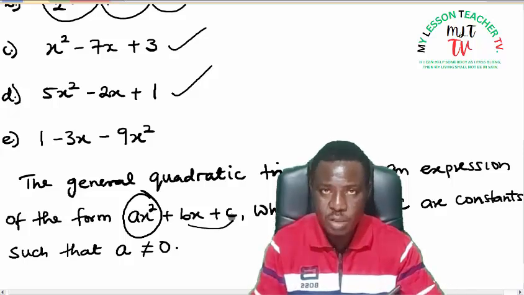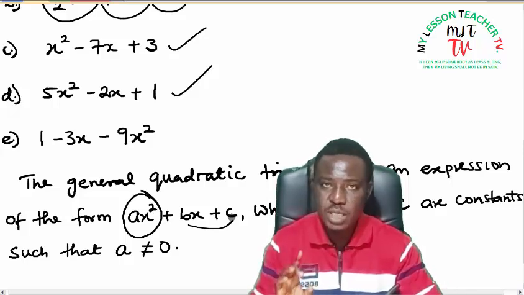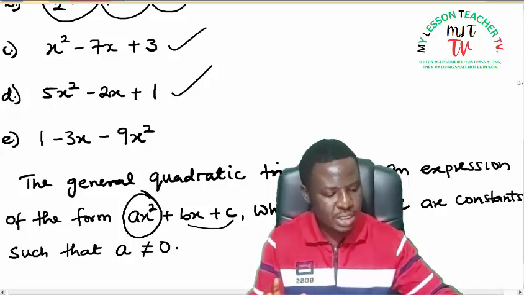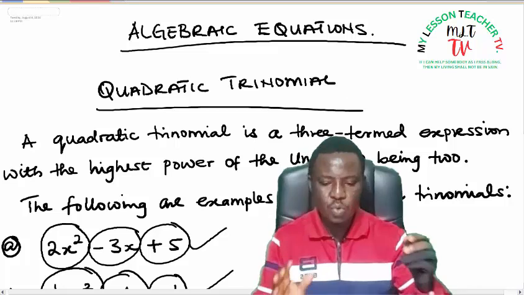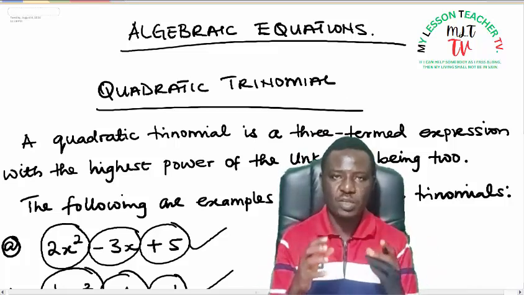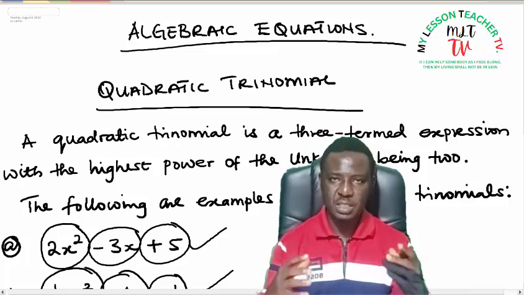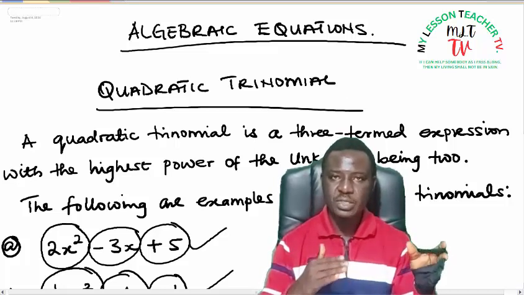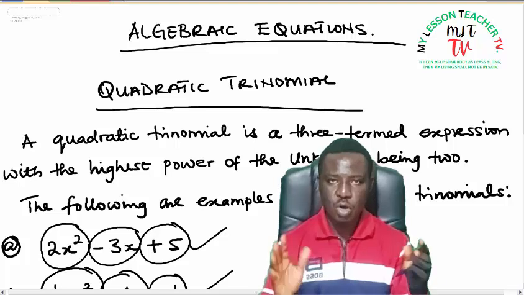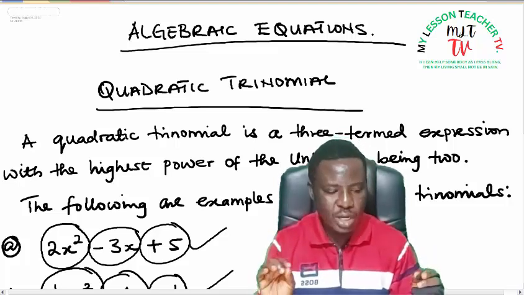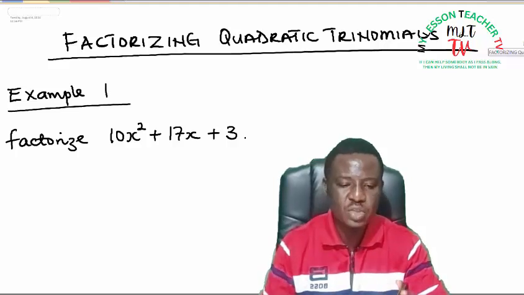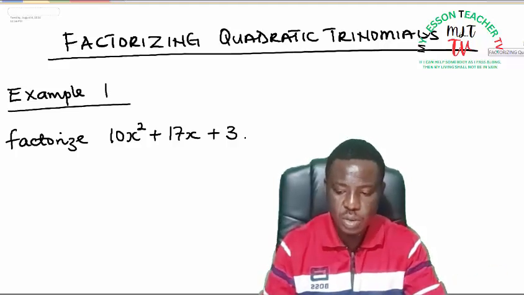So therefore, this condition that a must not be equal to 0. Now, under quadratic trinomial, we shall look at how to factorize that expression. This is leading us into finding the sum and product of roots of quadratic equation. So let's look at how to factorize quadratic trinomials.